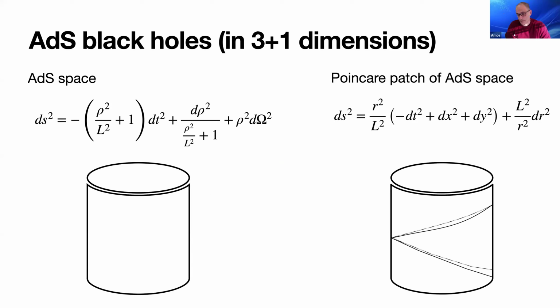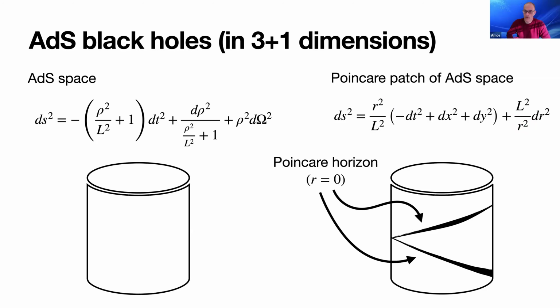I could use infinitely many of these patches to cover the entire AdS space. In the coordinate system here, you can see that something funny is going to happen at r equals 0. Of course, AdS space is not singular, so this is a coordinate singularity. It's called the Poincare horizon, and it's where we exit or enter the patch if we look at it from a global perspective.